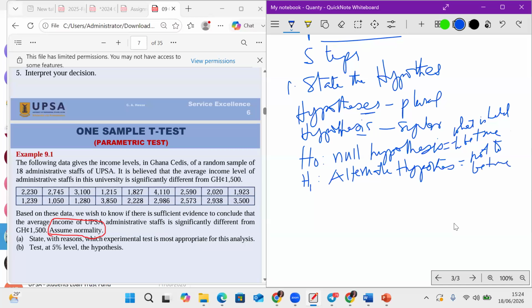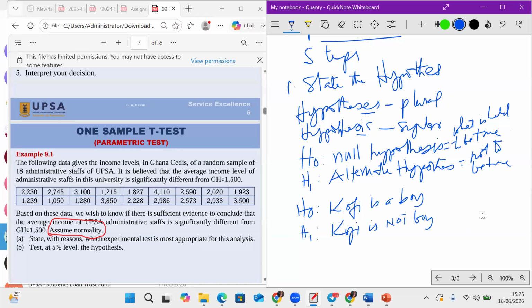For example, for a null hypothesis, I can say H naught: Kofi is a boy. Is it true Kofi is a boy? Then H1, the alternative. I will not say Kofi is a girl, or Kofi is a man. I will say Kofi is not a boy. In other words, the alternative hypothesis is the negative form of the null.